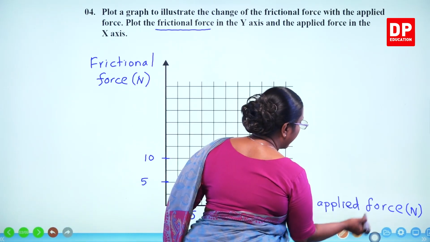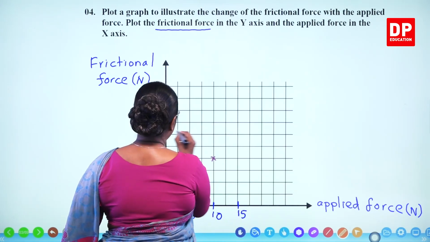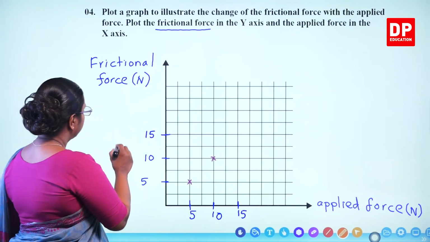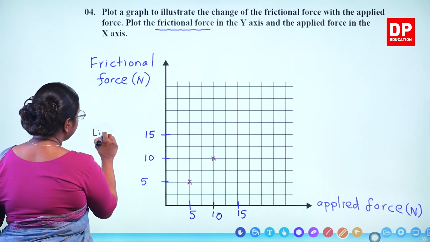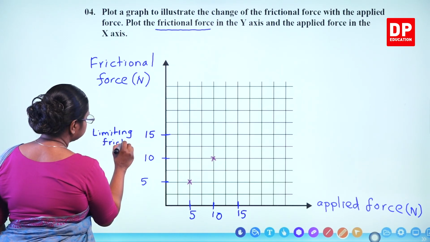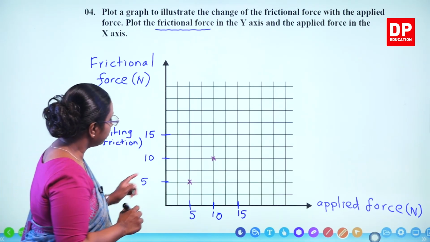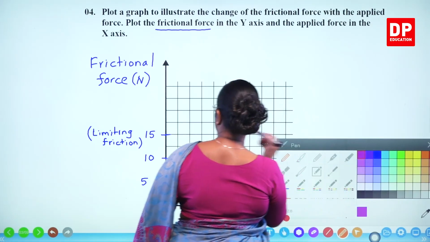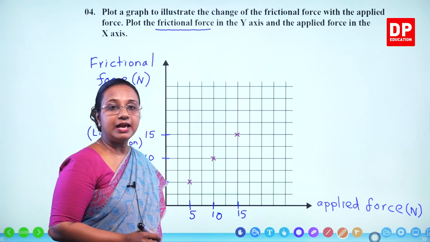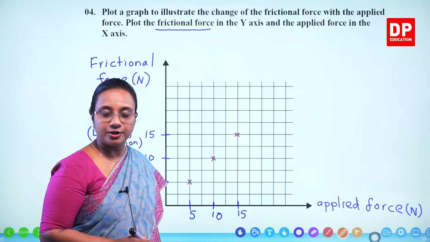That is the point where we have the limiting friction. 15, and at the same time the friction is 15. So if you want, you can just write it as limiting friction there. In brackets, we can note it down. So if I mark the point for the third instance, it will be here. So if we connect the 3 points, it will be a straight line going through the point of origin.